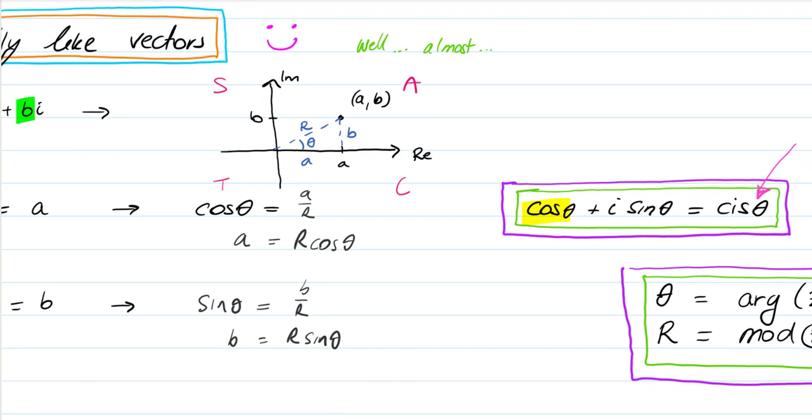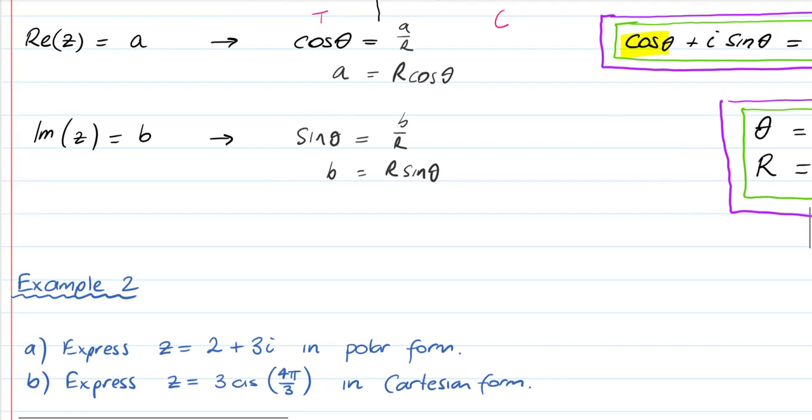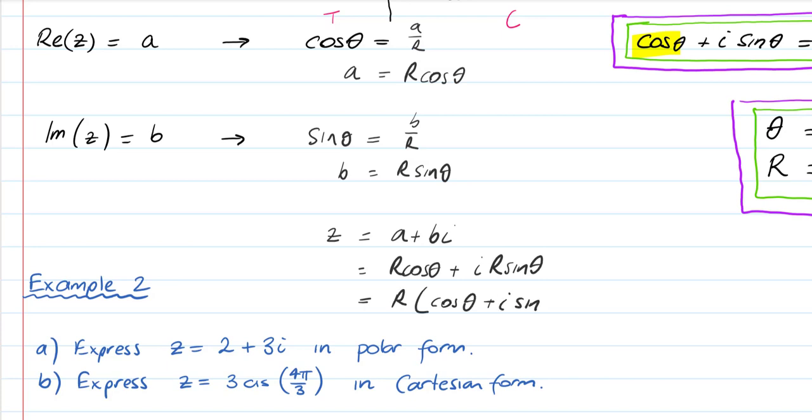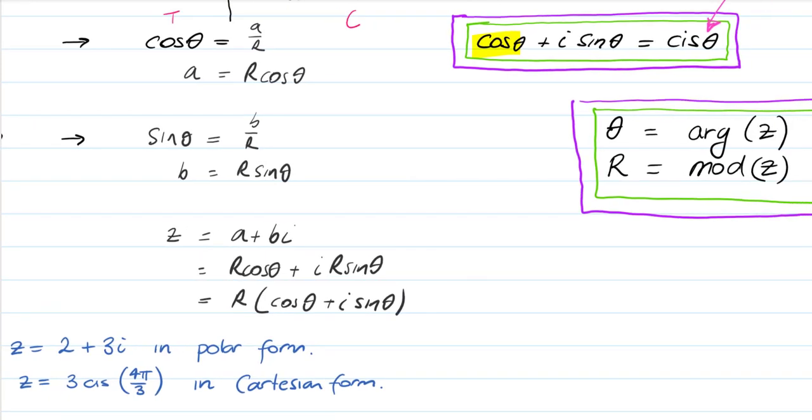Now this leads us to this concept here, which is that z is equal to a + bi, which is now equal to r cos theta + i times r sin theta, and that's equal to r (cos theta + i sin theta). And we write that as r cis theta.